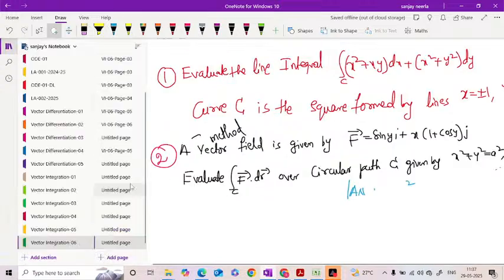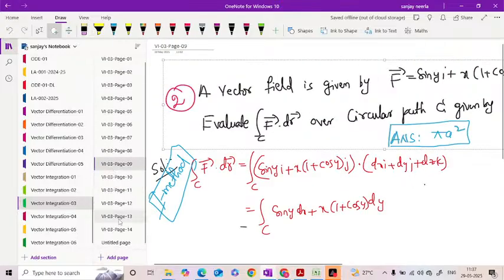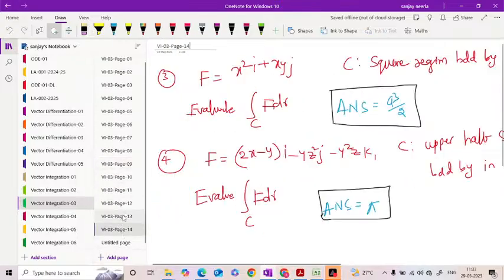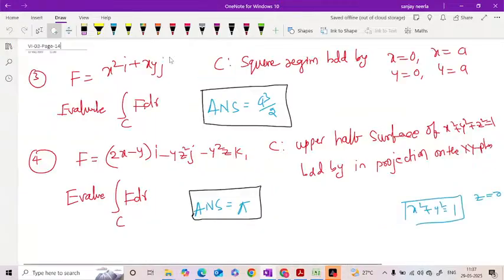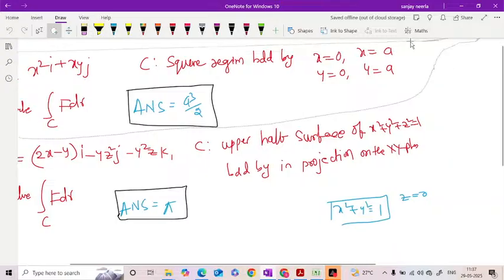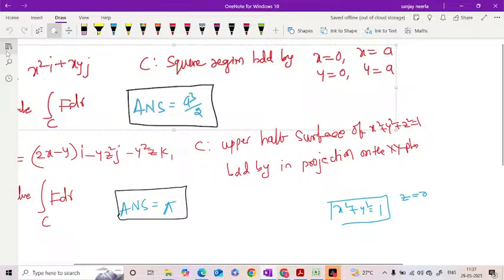And third problem, okay, this is the third problem. Answer is a cube by 2.